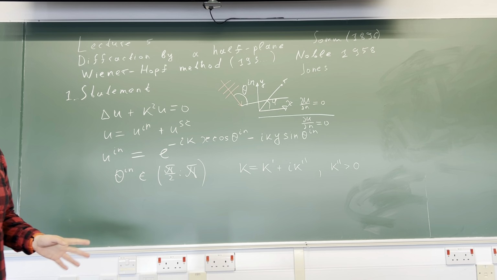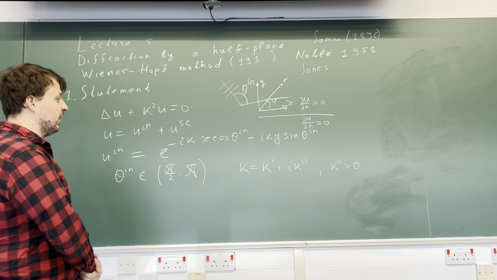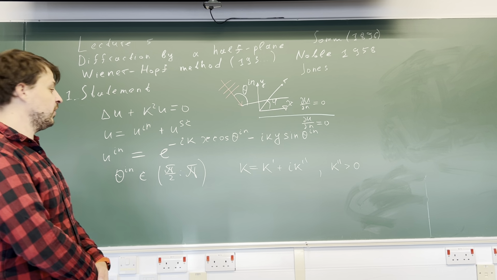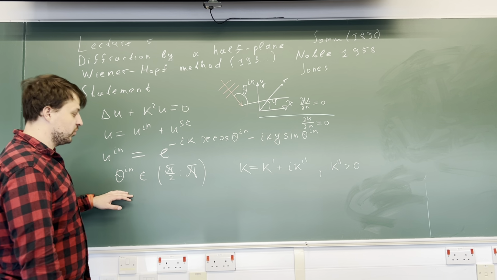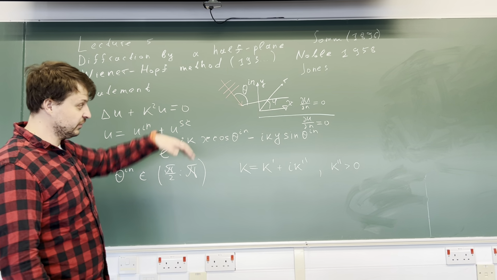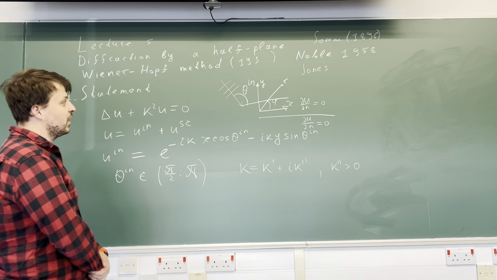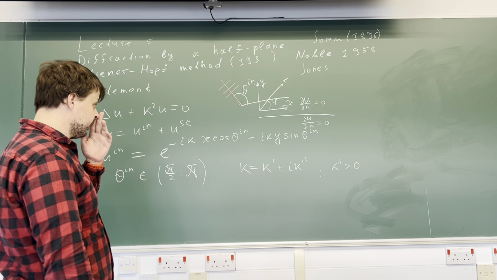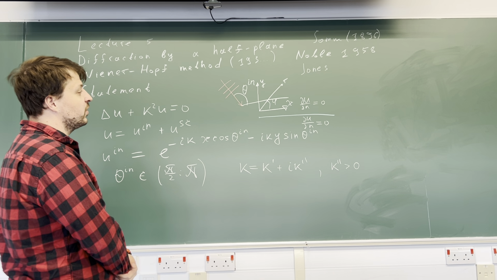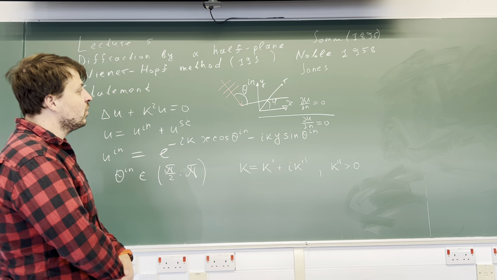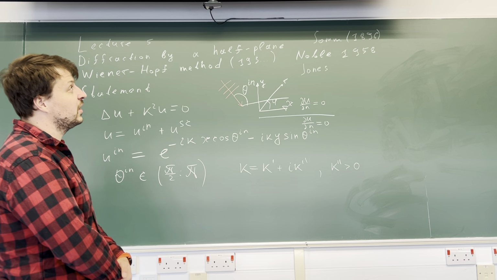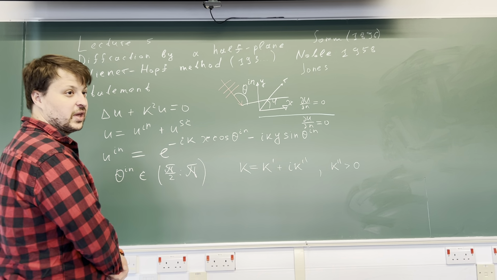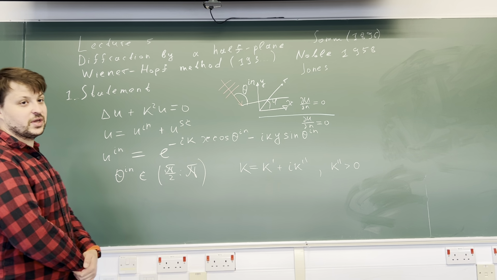But it's important when you start to solve things, you can accidentally make some mistakes. If you take theta outside of this region and you suppose that you have a limiting absorption principle, you will get some problems. Either you will get a wrong solution, or you might get some exponential growth, so you will not get properly defined Fourier transforms.